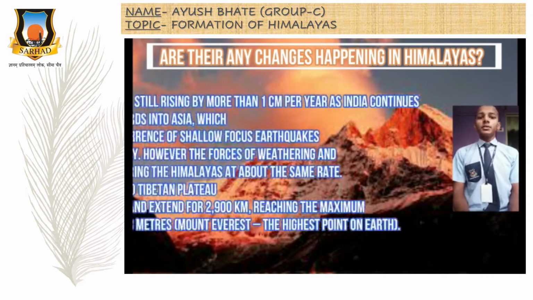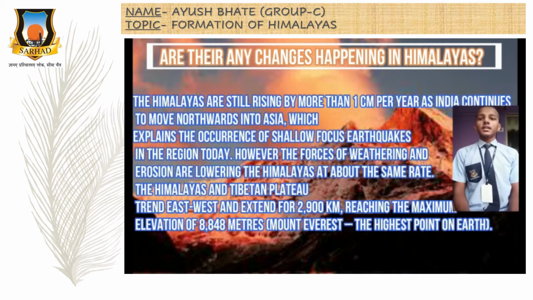Now I would like to tell you one more change happening in Himalayas. The Himalayas are still rising by more than 1 centimeter per year as India continues to move northwards into Asia, which explains the occurrence of shallow focus earthquakes in the region today. However, the forces of weathering and erosion are lowering the Himalayas at about the same rate.